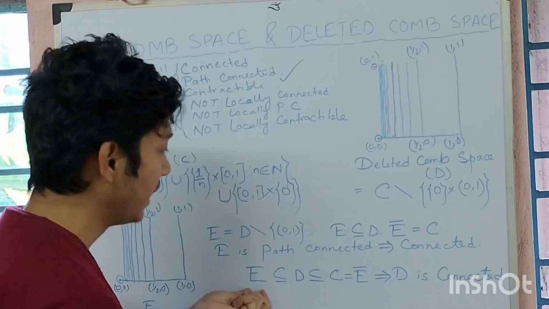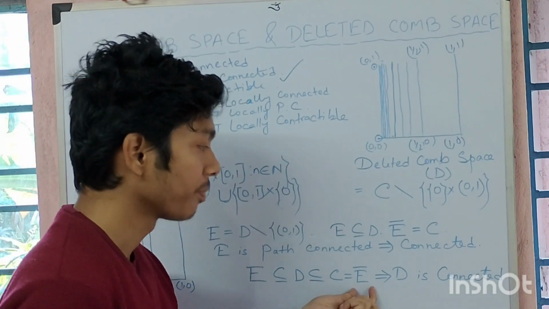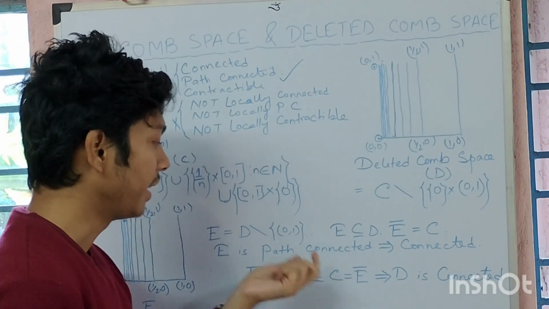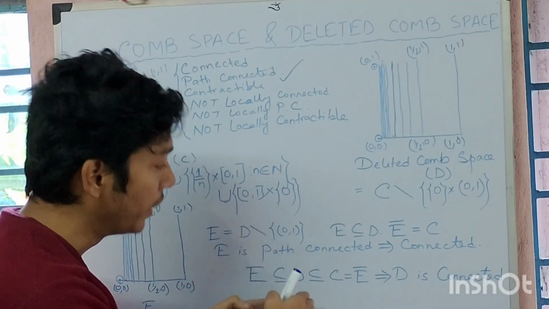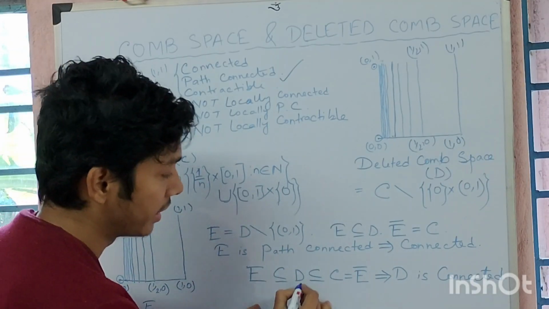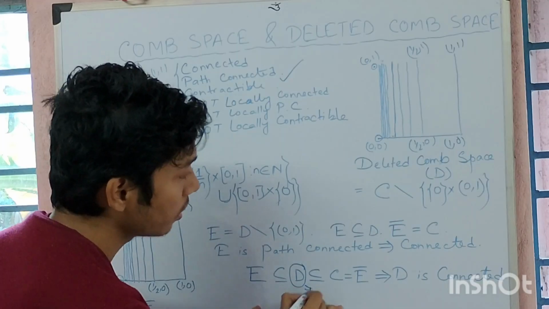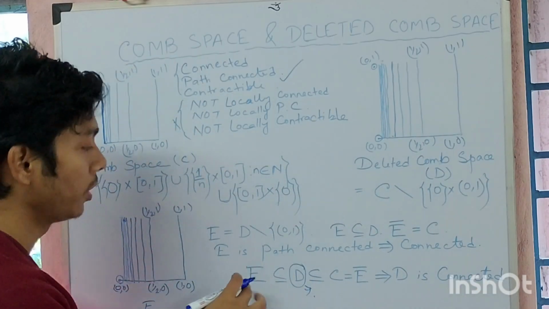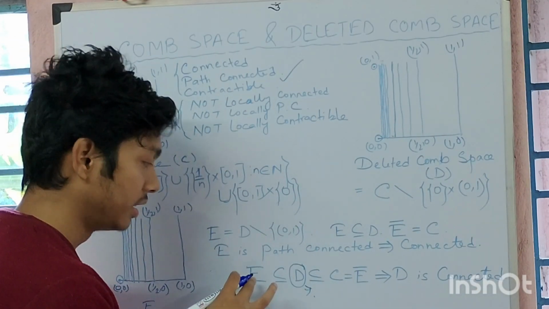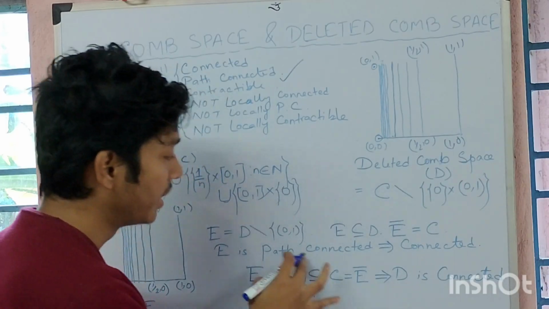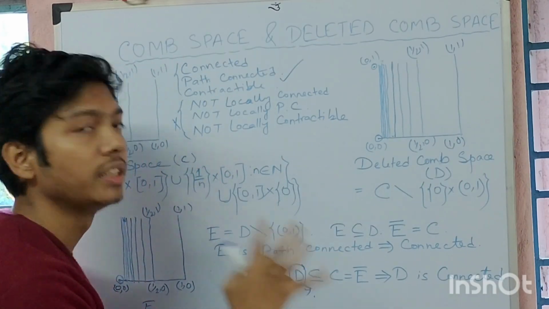If you take E, which is connected, and E bar, that is C, and D is between these two sets, then D must be connected. That is why D is also connected.